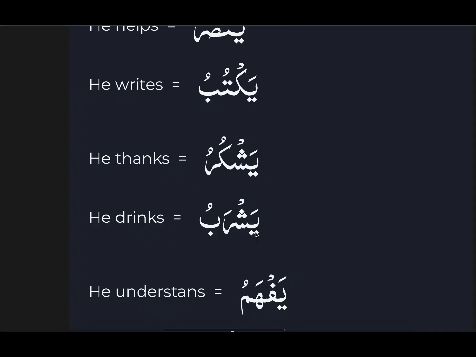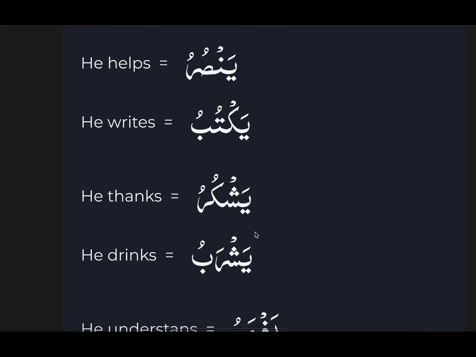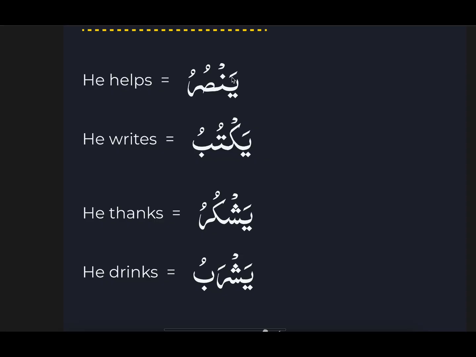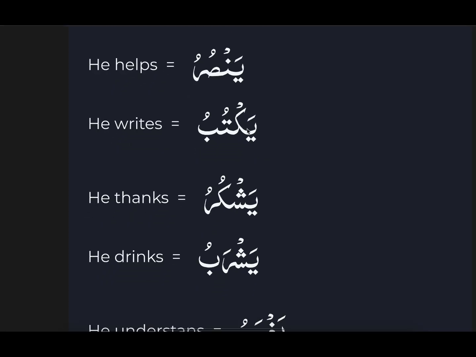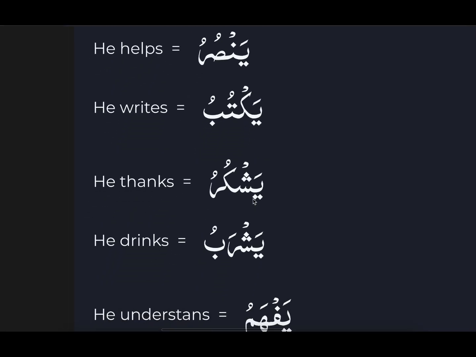Now, you are probably confused right now. How am I supposed to know all the pronouns version of a word? I can see you are using yansuru or you are using yaktubu. But what if I make a mistake when I am trying to find out the hum version of kataba or yaktubu? Or what if I am making a mistake when I try to find the anta version of kataba in present tense? So the answer is really simple.